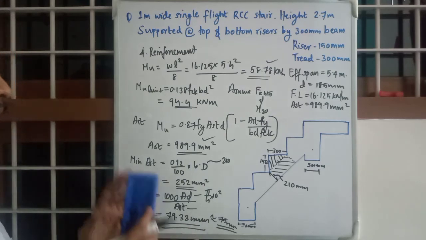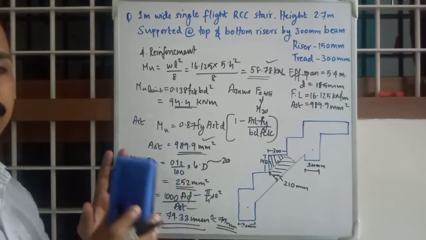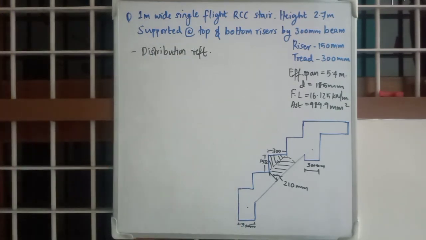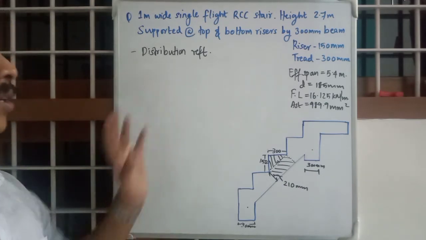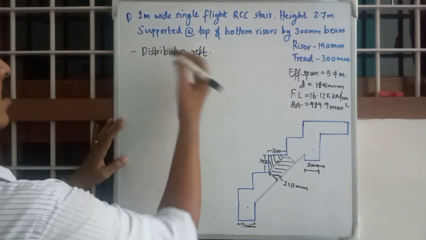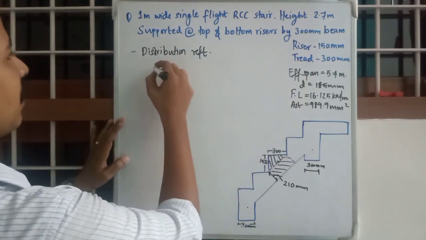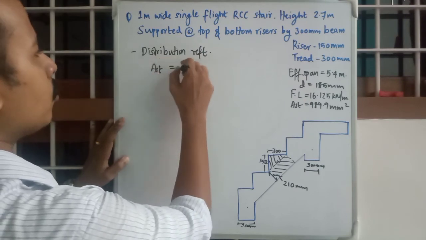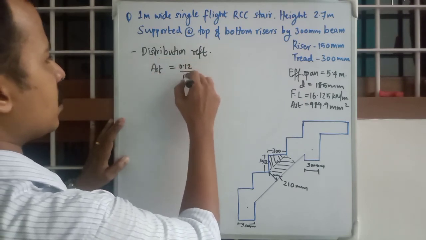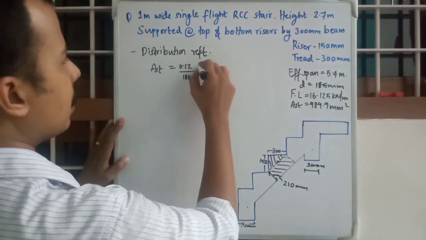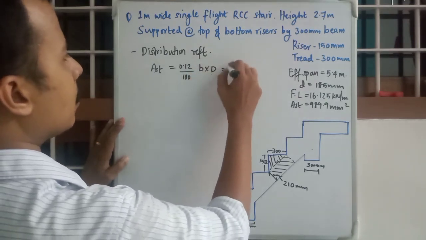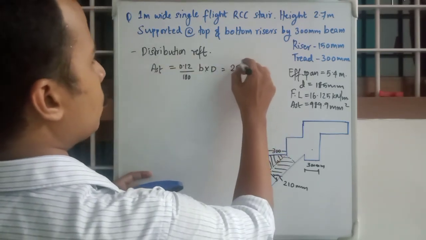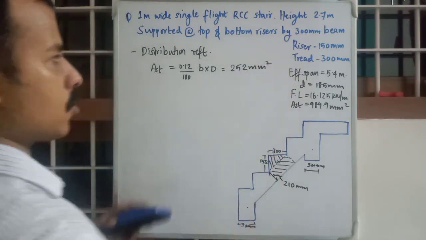So that is the main reinforcement. Now distribution reinforcement. For distribution reinforcement, the Ast value, as always in a one-way slab, will be equal to 0.12 divided by 100 into b into D. We have already calculated it as 252 mm square.